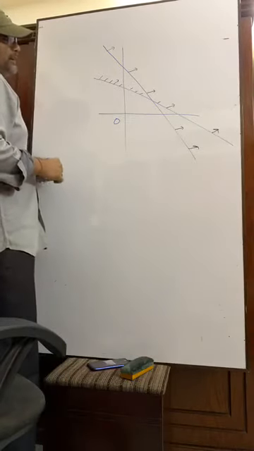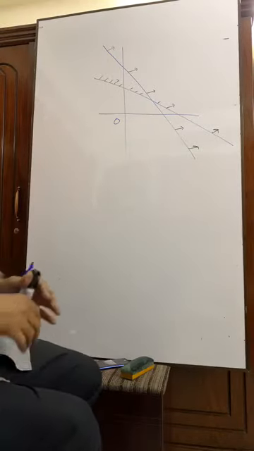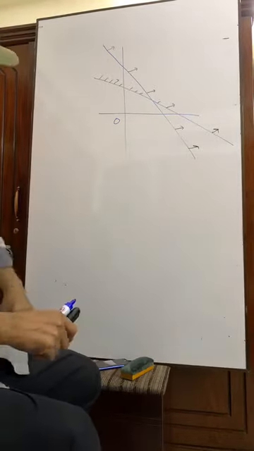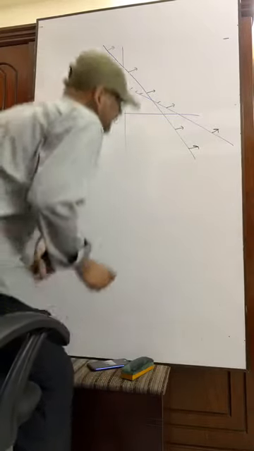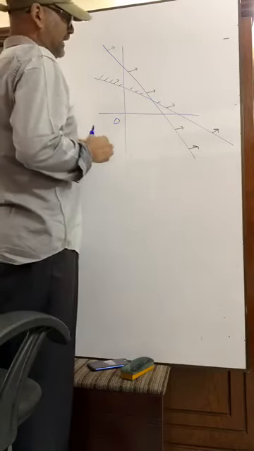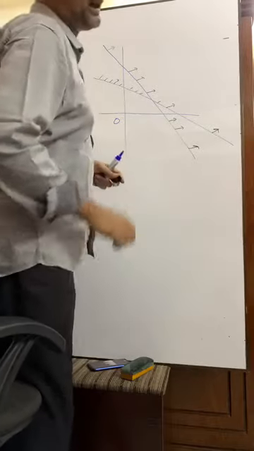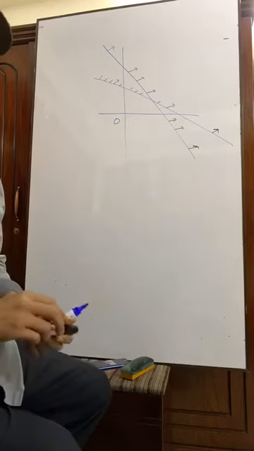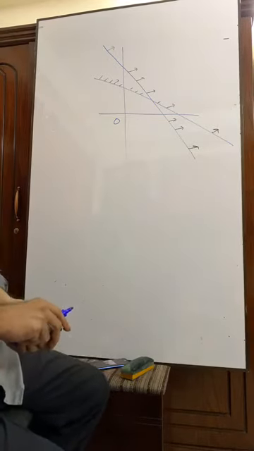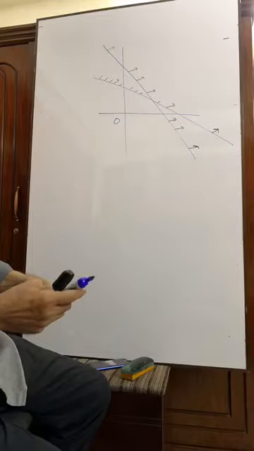Now can you tell me what will be its feasible area? Who can tell me? In this diagram, what will be its feasible area? Can you tell me? Its feasible area is unbounded, and there is no definite shape. Its feasible area is unbounded, having no definite shape.